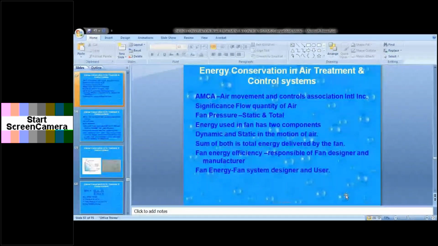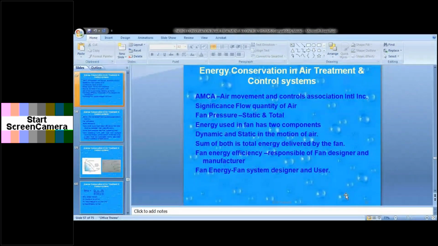Internationally, there is an association called Air Movement and Control Association International Incorporated. They have given the significance of the flow quantity of air, and they promote energy efficient fans. To study the static and total fan pressure: the energy used in the fan has two components, dynamic and static.